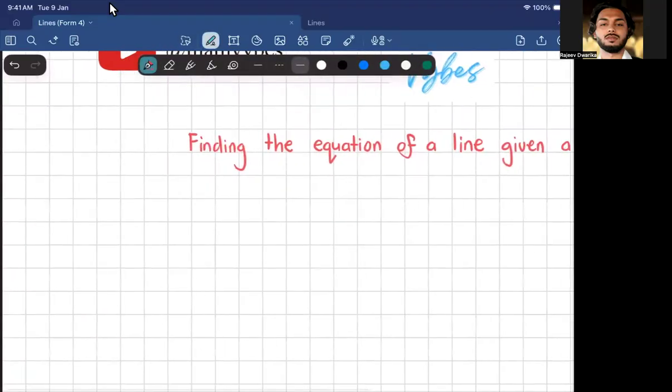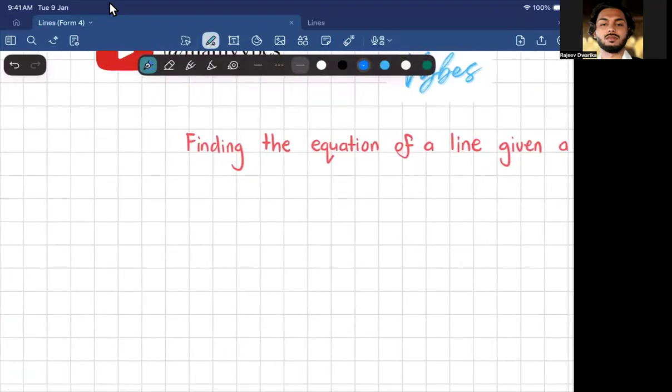let's put down the main two things you need to find the equation of a line. Before we start, what is the equation of a line? Sheena, could you tell me?